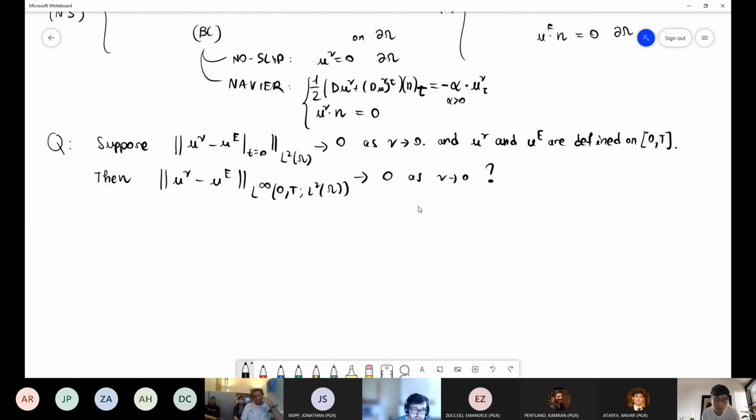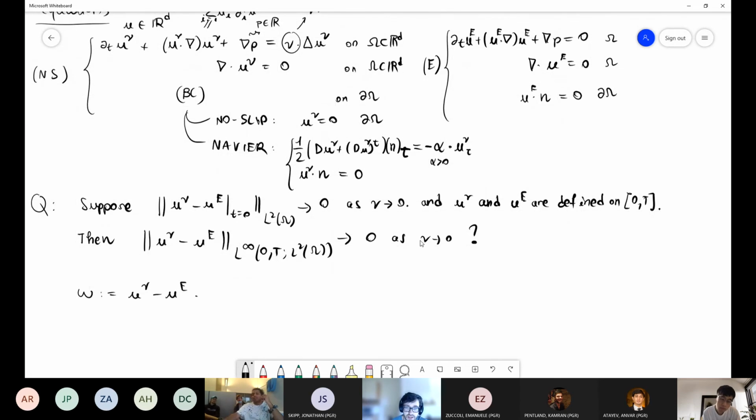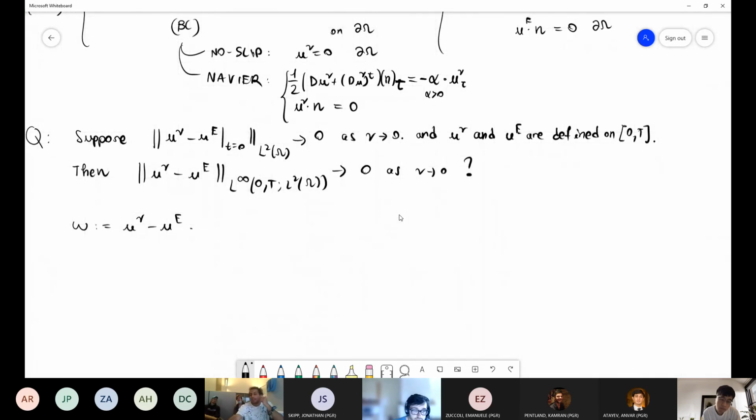So if we write down the equation, let's define W as U nu minus UE. If we subtract the two equations, we can find the equation solved by W. So we have something like this.